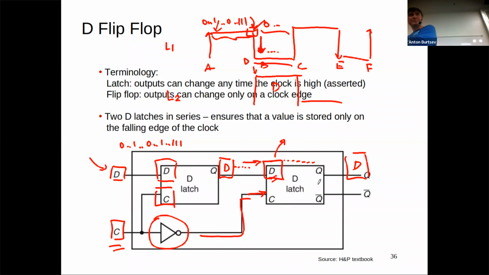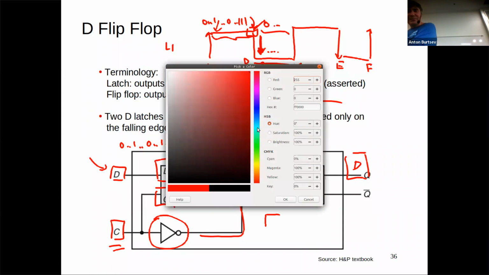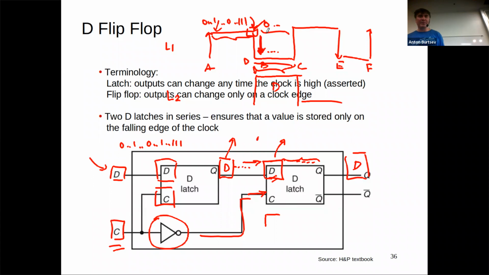So on the falling edge, the first one stabilizes, and the second latch always sees this value for the entire duration of this half clock, when the clock is low, because for this second latch the clock is high. So at what point do we remember D then? At point B, right? Someone is shy, but that's correct. Because of this specific organization, the flip-flop remembers the value when the edge is dropping here.